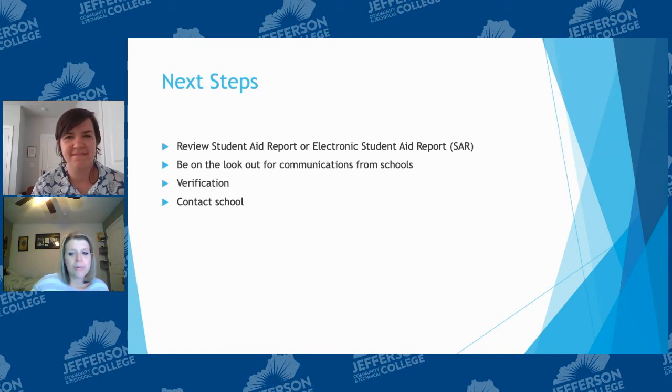Typically, about 20 to 30% of all students are selected for this process. And if you have any questions, please feel free to contact the school you're planning on attending. Once the FAFSA is complete, the financial aid office will be responsible for finishing up the process, collecting additional documentation if needed, and awarding the financial aid in which you are eligible.